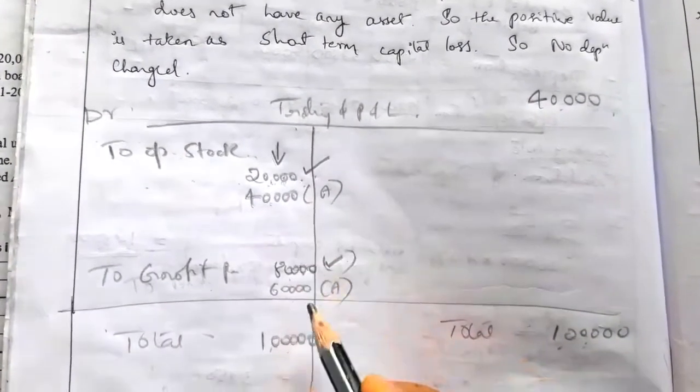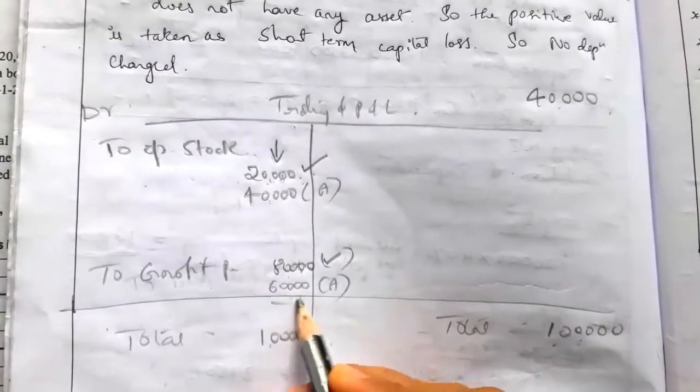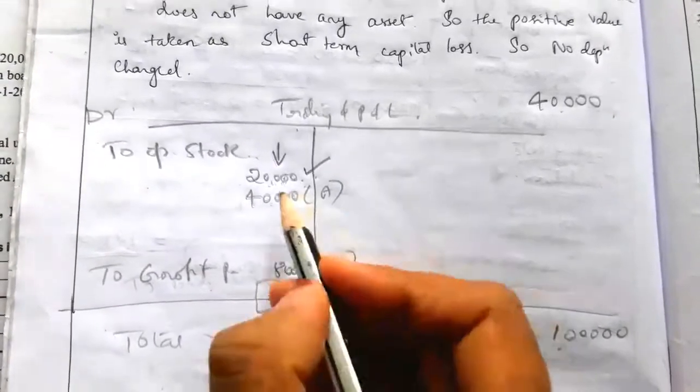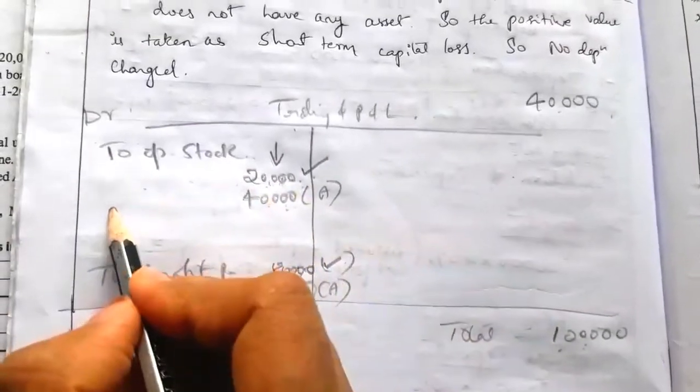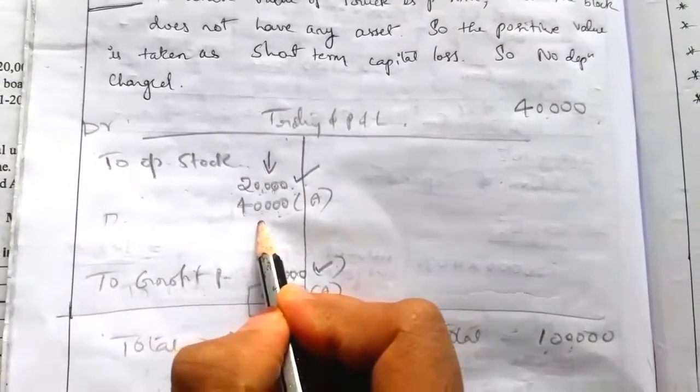So now we want the actual profit. In order to find the actual profit, the 20,000 difference we have to debit to the profit and loss account.